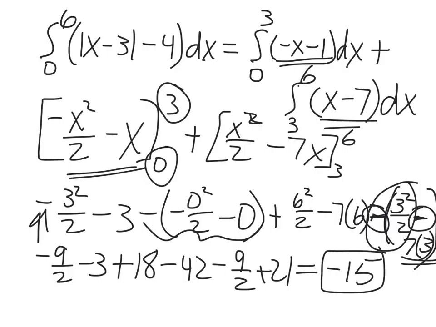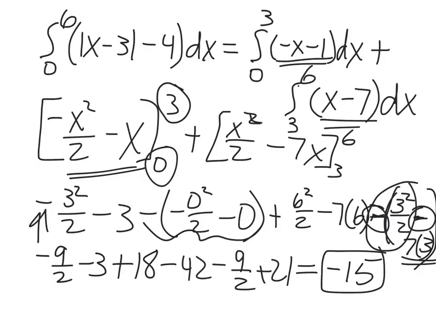What would a negative area mean? Well, don't try to think too hard on that. You might blow a few brain cells, but negative area doesn't exist, but we can end up with a negative value for a definite integral.